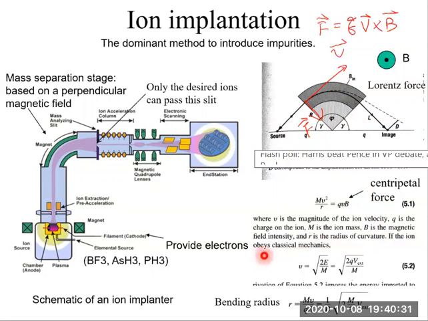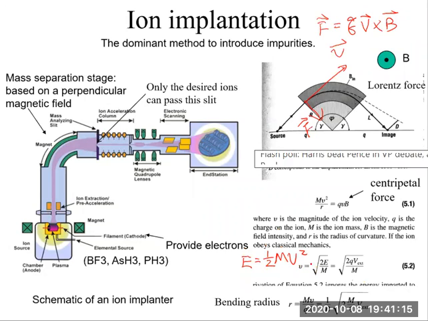If the ion obeys classical mechanics, the energy of the ion is simply equal to the kinetic energy, namely E is equal to half mv squared. Then we can calculate the velocity of the ion.